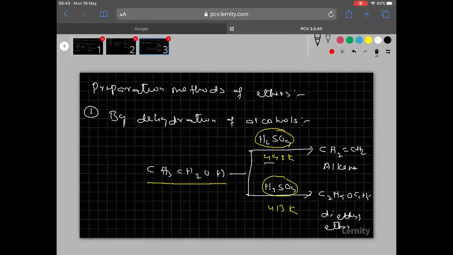At 443 Kelvin we will get alkene, at 413 Kelvin we will get ether. How we are getting ether, that also we are going to see along with the mechanism. So please write quickly.